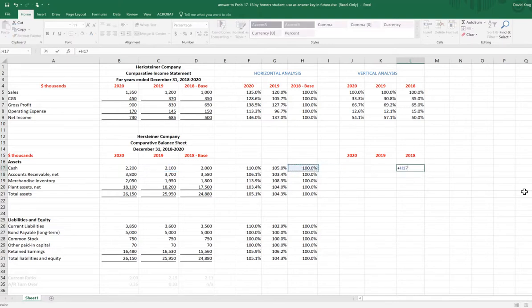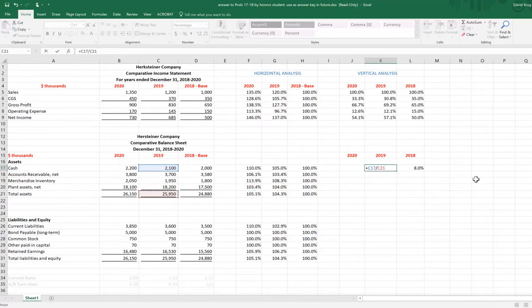I want to do this number divided by total assets. And I want that total assets to be an absolute value, so I'm going to push F4. Boom. Okay. I want this to be that divided by this number.